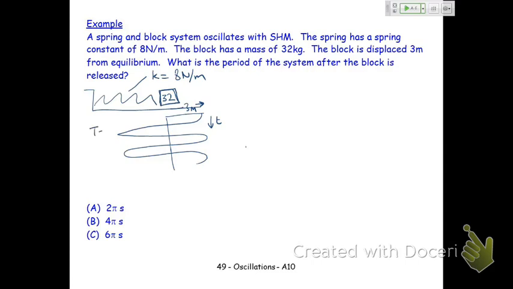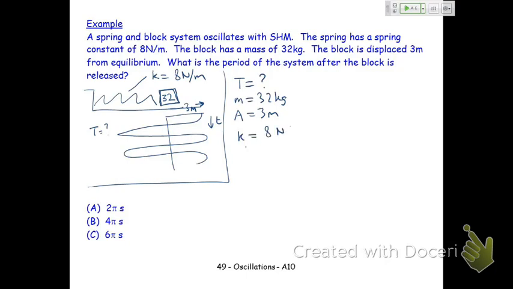T. So let's make a bit of a list. So I put a box around that. T equals, I don't know. m is equal to 32 kilograms. A is equal to 3 meters. k is equal to 8 newtons per meter. Jog, jog, jog of my memory. T is equal to 2 pi square root of, it's going to be m over k.